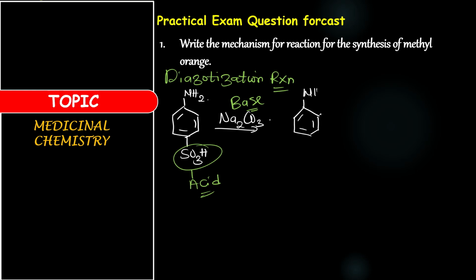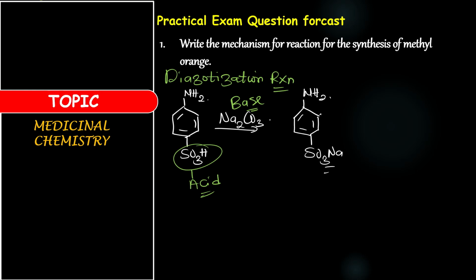So we have NH2 and then you have SO3Na. Are you getting it now? This product is called 4-amino benzene sodium sulfonate. Are you getting it now?